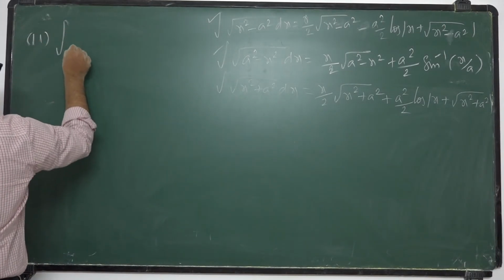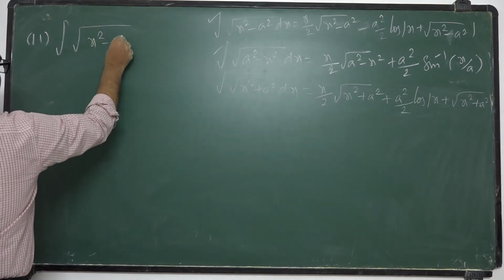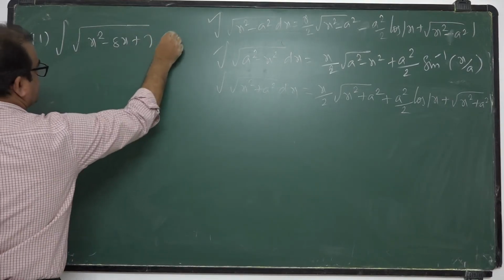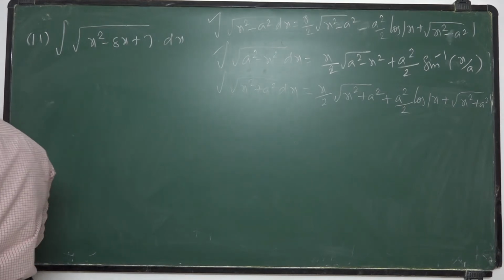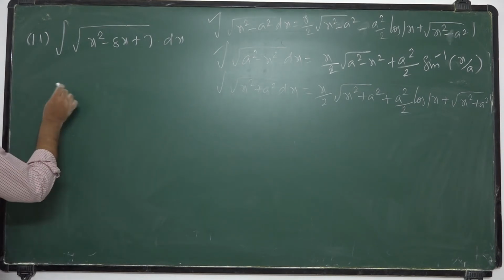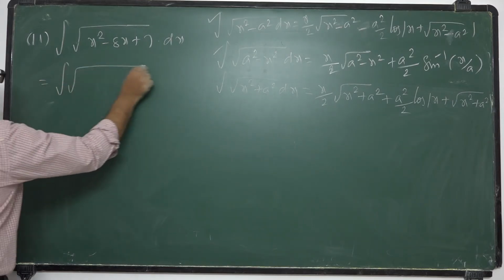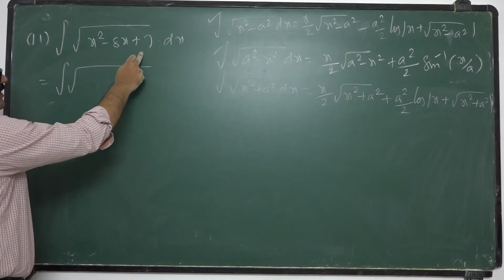Integral of root of x square minus 8x plus 7 into dx. Write it as integral of root of, first you make it a perfect square.